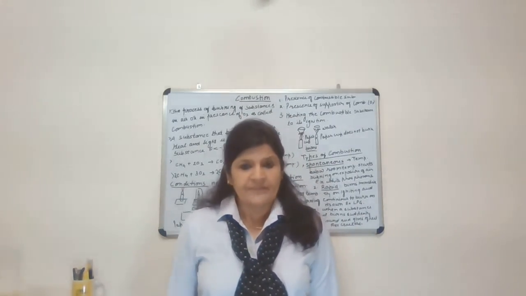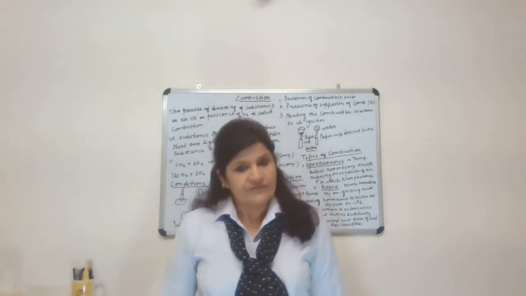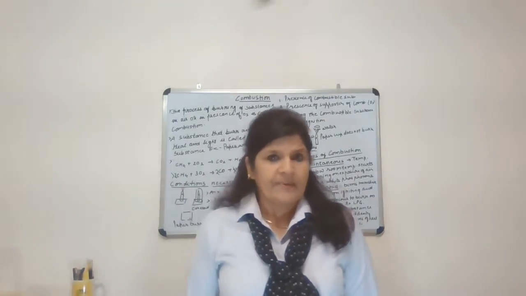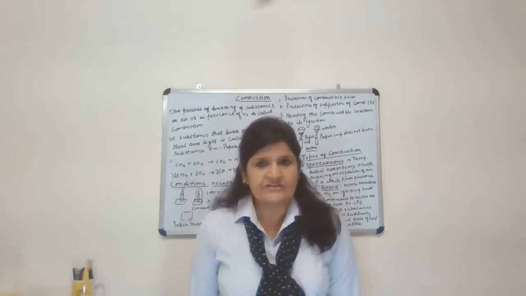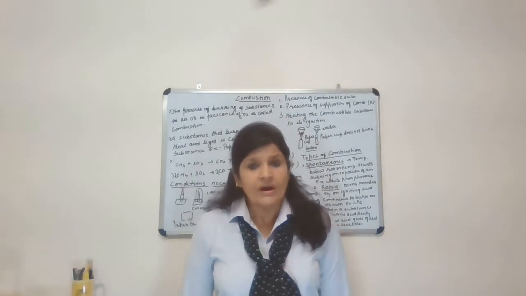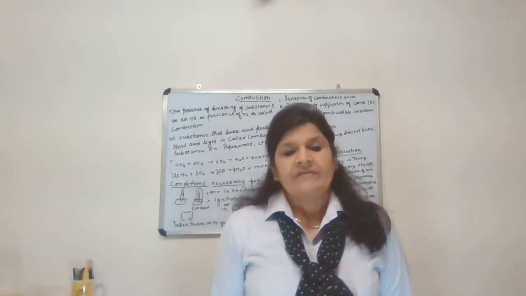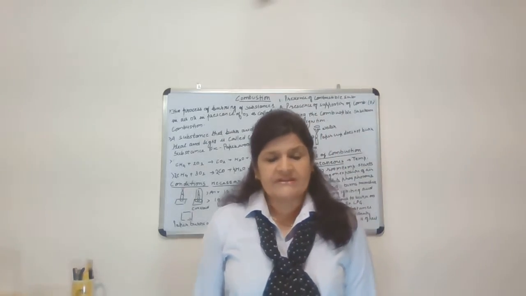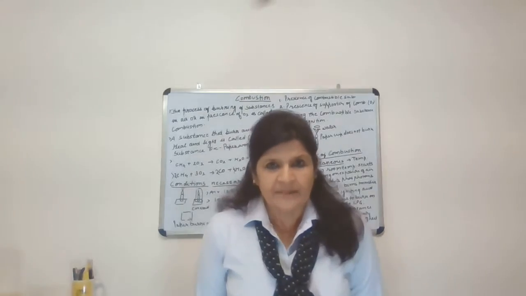Stones do not burn, even in the presence of oxygen. So we can say that a substance that does not burn in air or oxygen is called a non-combustible substance, whereas a substance which burns in the presence of oxygen or air is called a combustible substance.